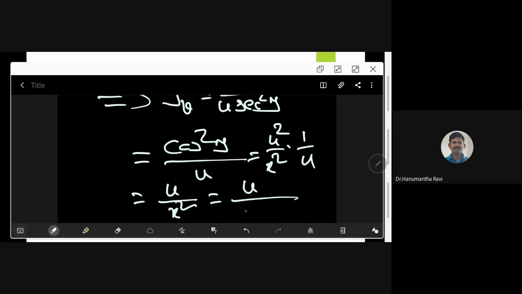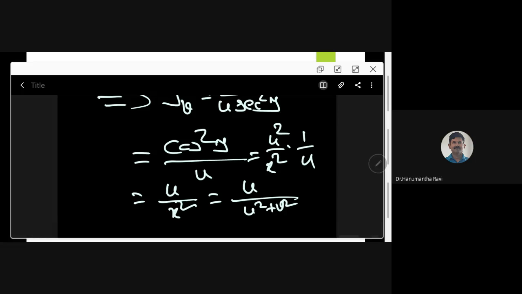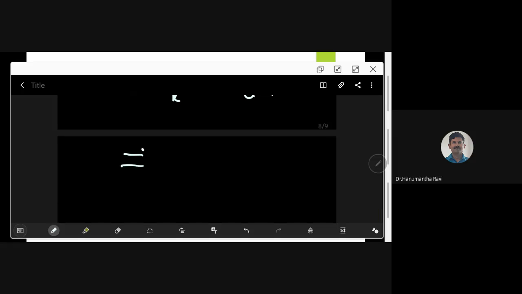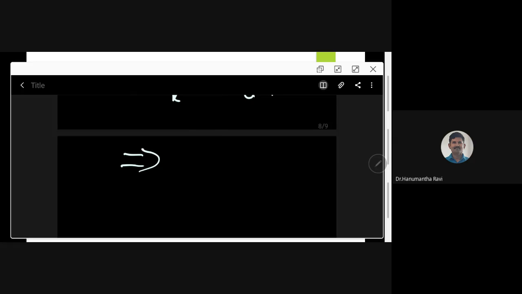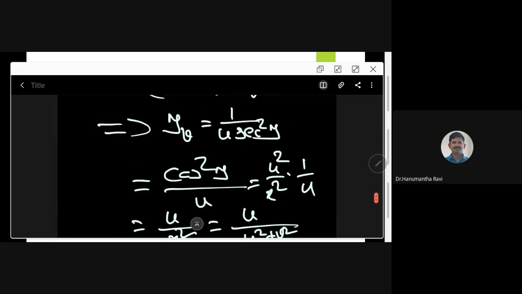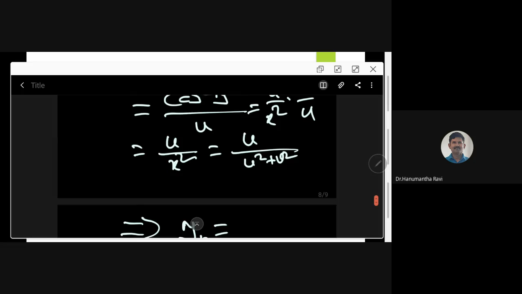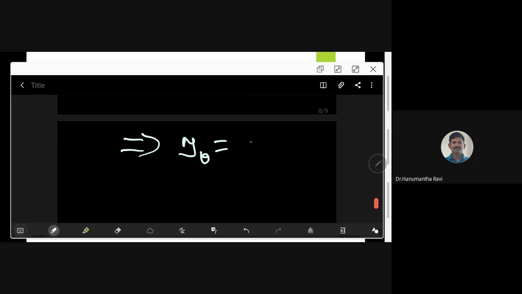So u by u square plus v square. Yes, now we are close to the answer. So in fact, not the answer, the very purpose of this discussion. So what we have done, yv is equal to u by u square plus v square.